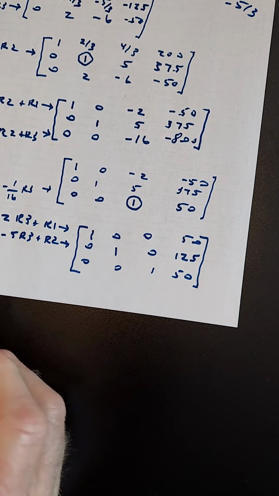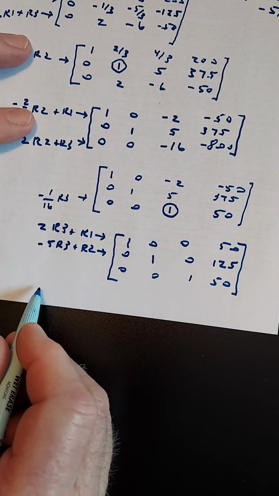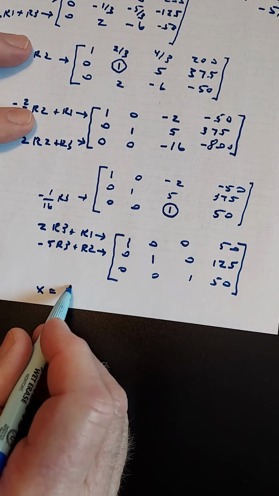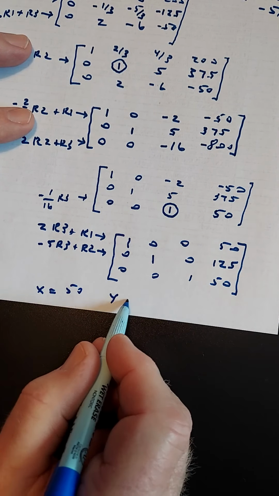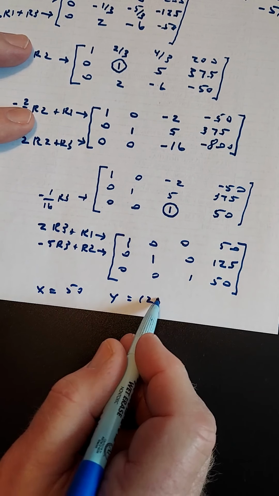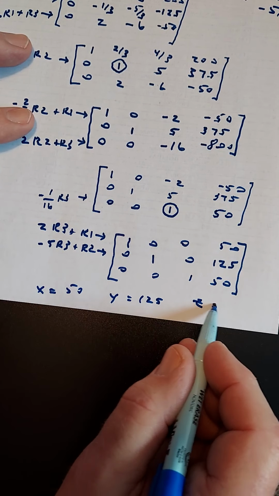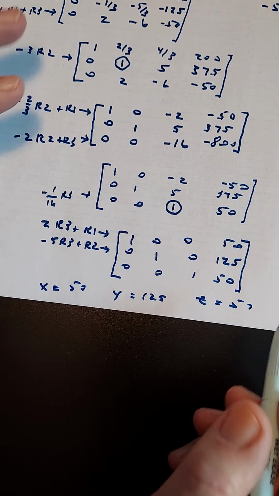So that tells me, I'm out of room here, but x equals 50, y equals 125, and z is equal to 50.